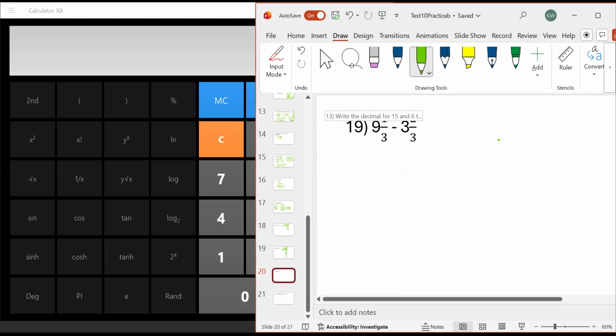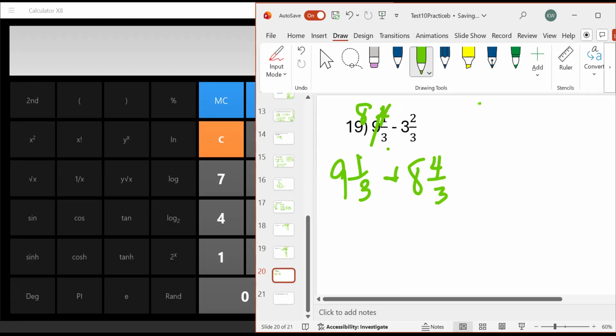I am going to rewrite this first number as 8, and then I'm going to add 3 to the numerator, 8 and 4/3. So 9 and 1/3 and 8 and 4/3 are the same thing.